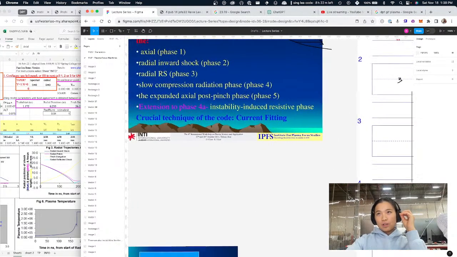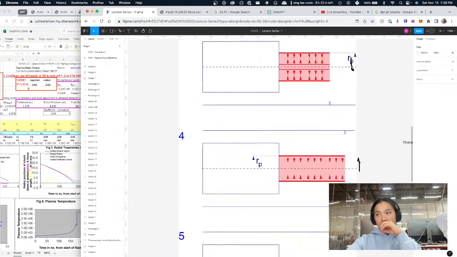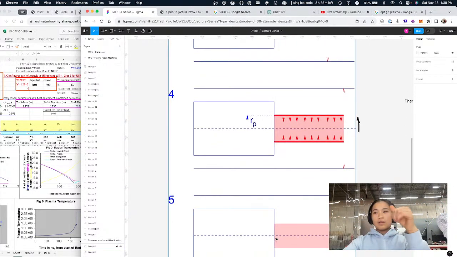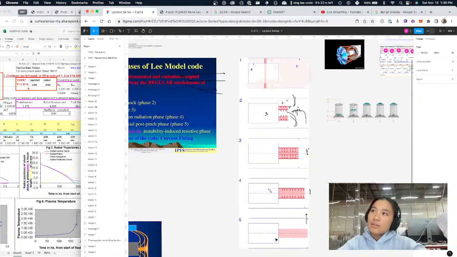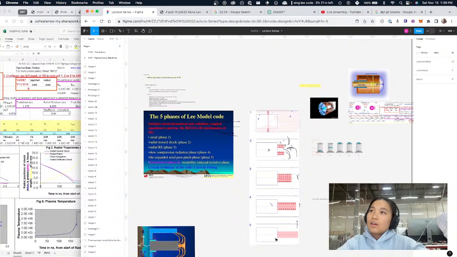And then number 4 is the expanded axial post-pinch phase. Yeah, I imagine this is when it pinches back into the beam, and the beam shoots outwards and things cool. So that appears to me as to what is going on here.